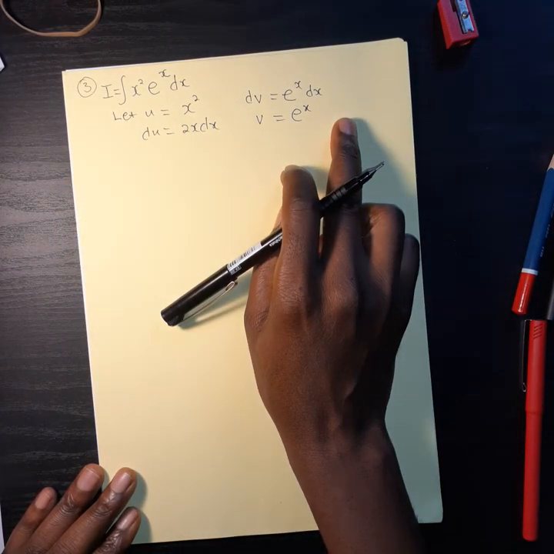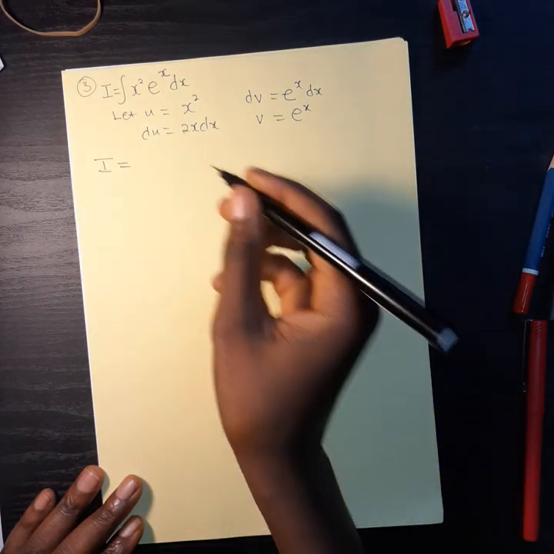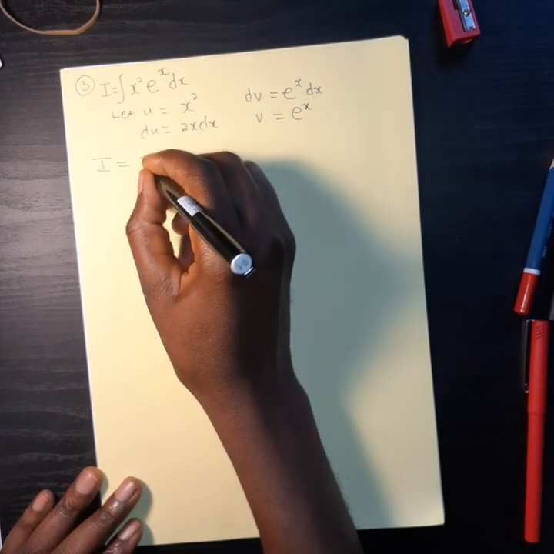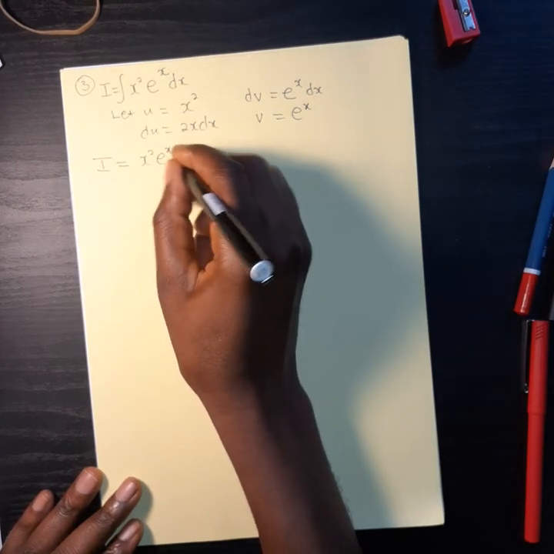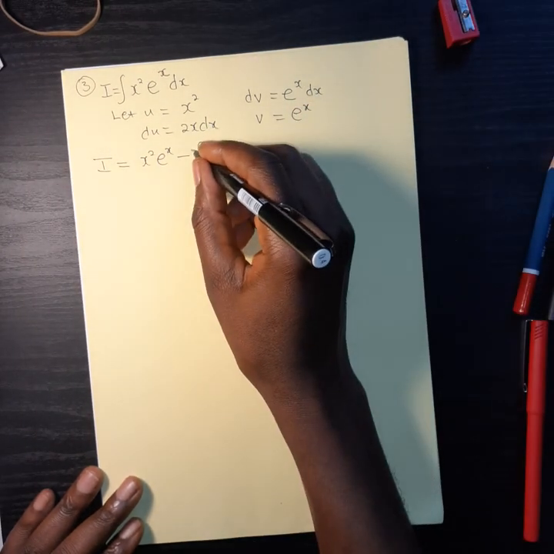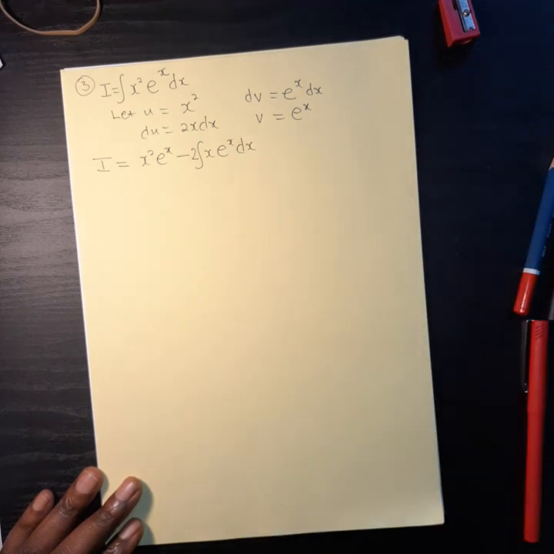After doing this, we observe that our I is equal to uv, x squared e to the power of x, minus the integral of v du. We have 2x e to the power of x dx, like that.